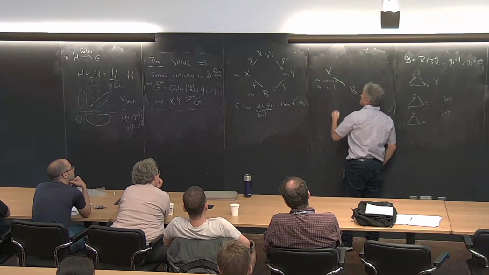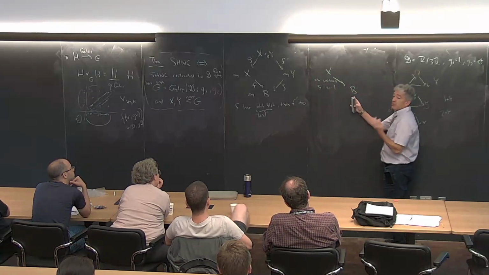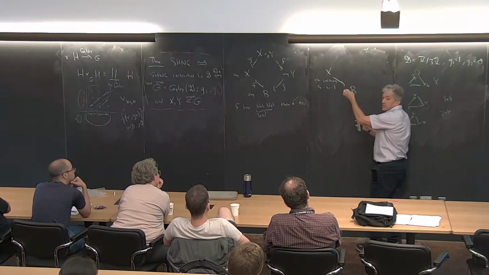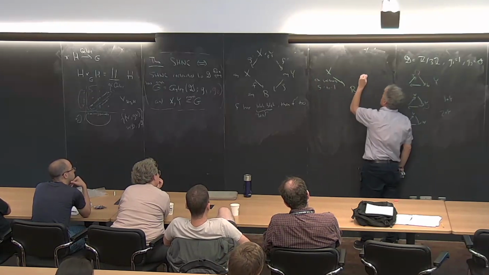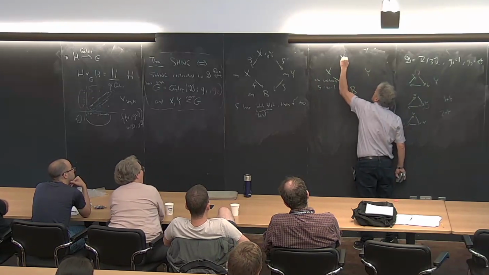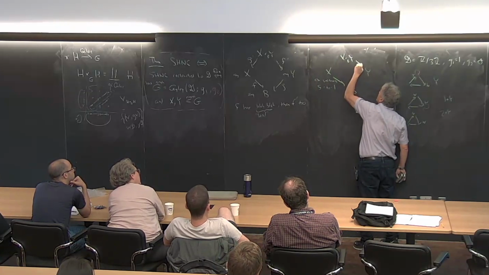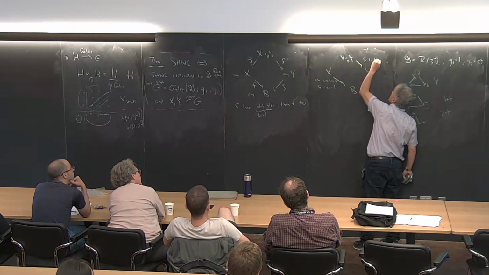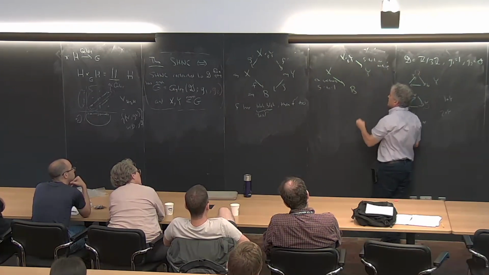On the edges, maybe it's 4 to 1. But it's exactly 5 to 1 on the vertex. I'm not making any assumptions here. Then if I take any Y and I take the fiber product, then this is also 5 to 1 on the vertices.